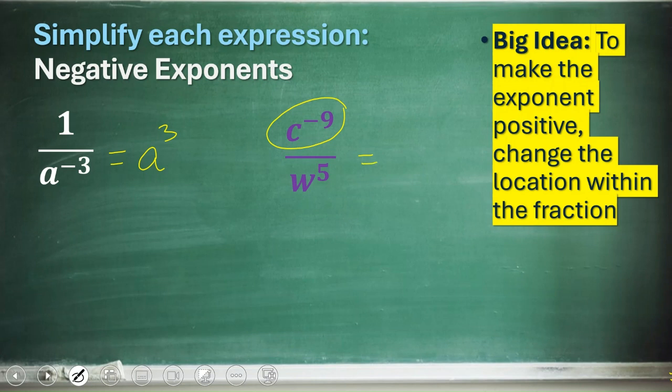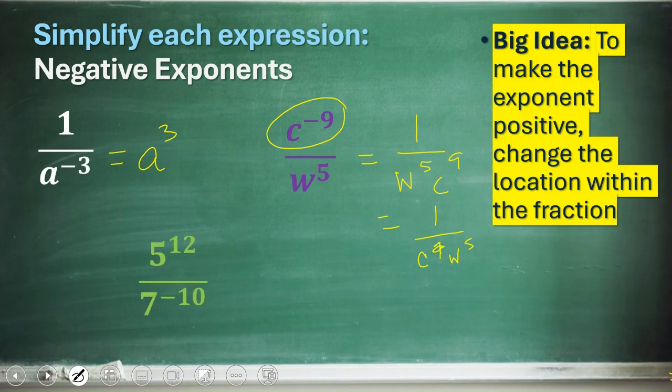So when I do that, I'm left with a 1 in the numerator because the c is shifting down to the denominator. The w still stays there. It just doesn't change. And then the c moves down. So we have 1 divided by w to the fifth times c to the ninth. Also correct is this, c to the ninth, w to the fifth. Those are the equivalent forms.